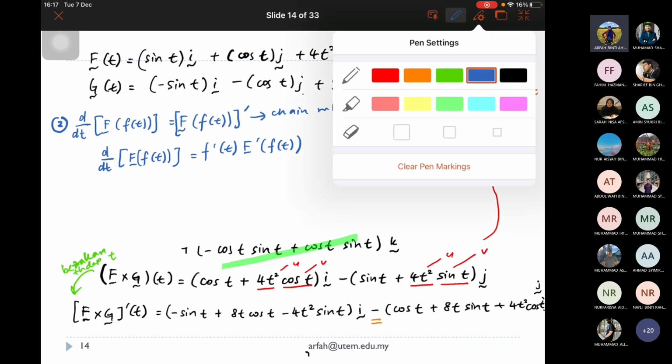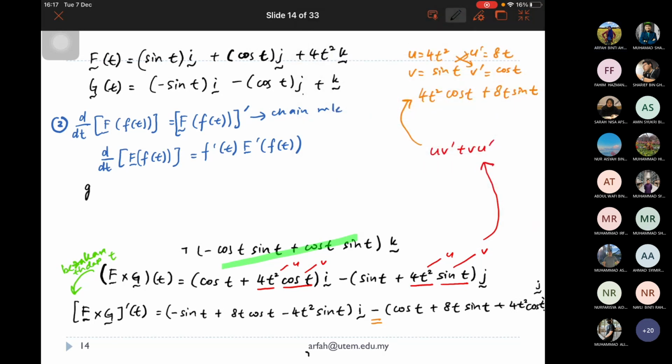So given in the question, f(t) sama dengan exponential 2t. So dapatkan f prime t, it will be equal to 2 exponential 2t.